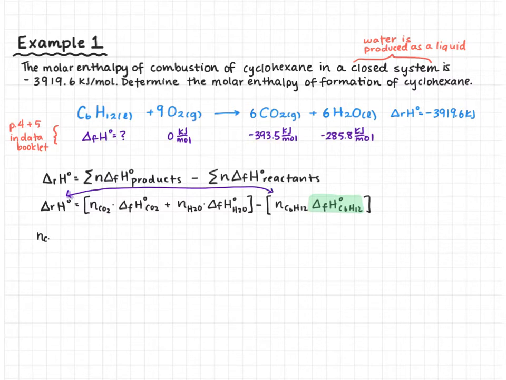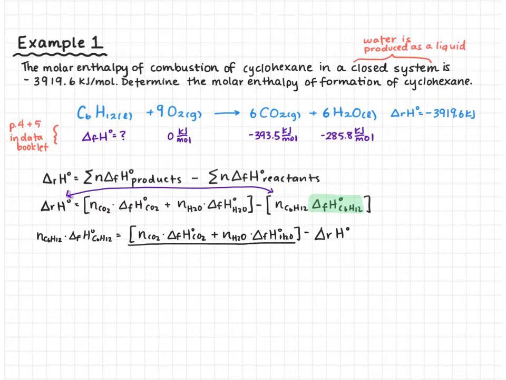So the number of moles of C6H12 times the molar enthalpy of formation of C6H12 is equal to the sum of our products, so CO2 plus water, minus our overall reaction enthalpy. And so to isolate for the formation enthalpy, we're going to divide both sides by the coefficient of cyclohexane. And I'll just delete that from this side. So we've rearranged our equation.